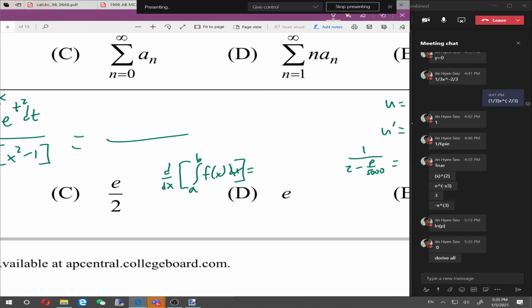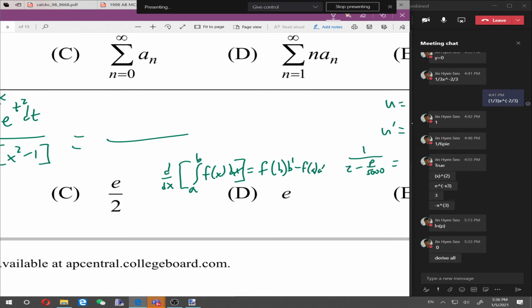Anyone? Okay, so we get f of b times the derivative of our x values, that's b prime, minus f of a times a prime.